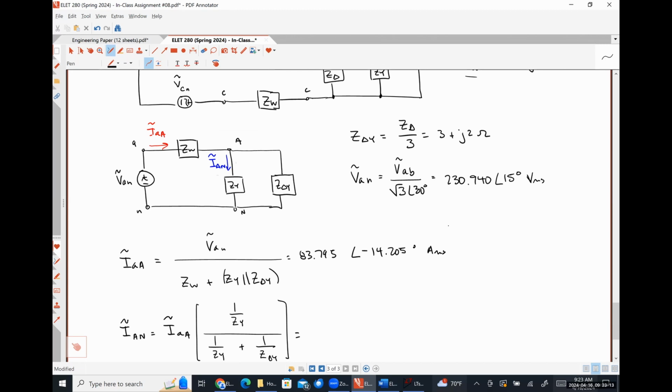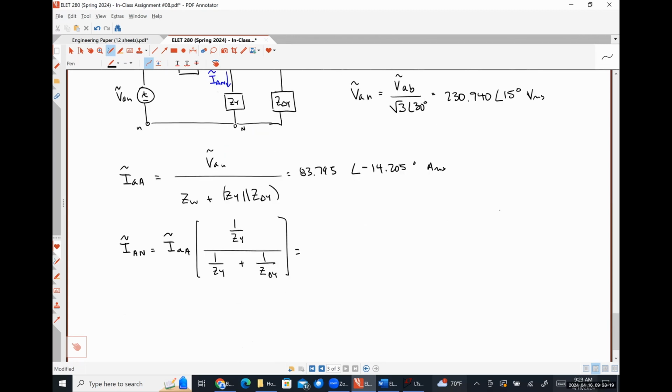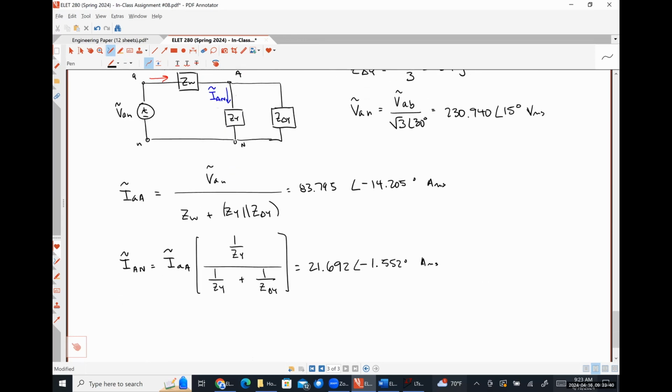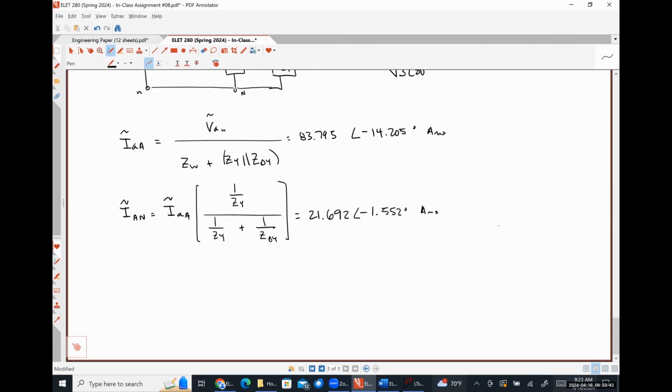Multiply all of that by what I stored in my calculator a moment ago as Z. And I got 21.692 angle negative 1.552 degrees. Let's just double check and make sure I haven't made an asinine mistake. Doesn't look like I have. That's definitely one way to do it.